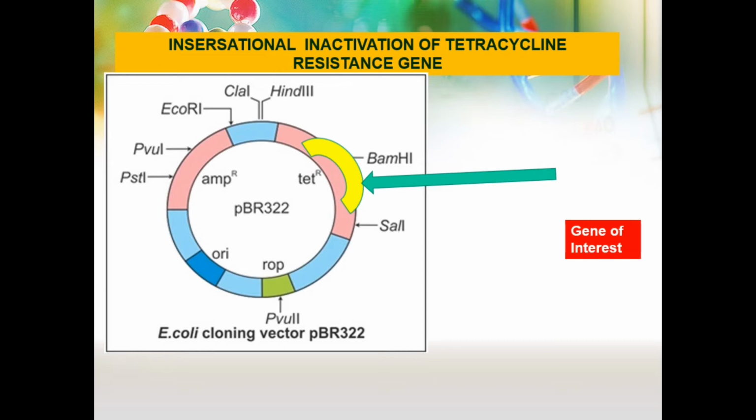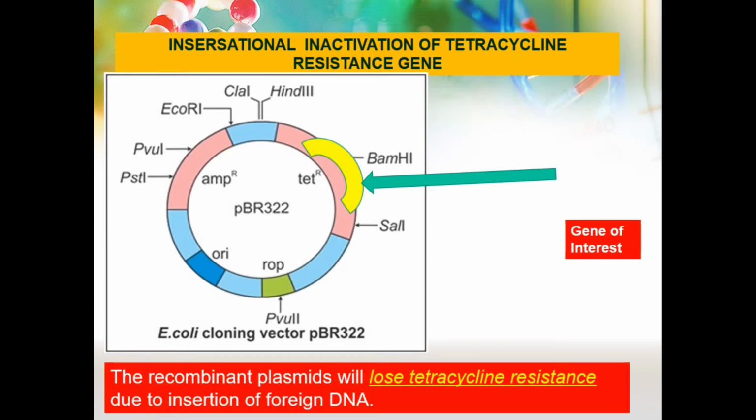It no longer provides tetracycline resistance to the bacteria which will carry this plasmid. So all the recombinant plasmids will lose tetracycline resistance due to the insertion of foreign DNA in it. That's why it is called insertional inactivation.